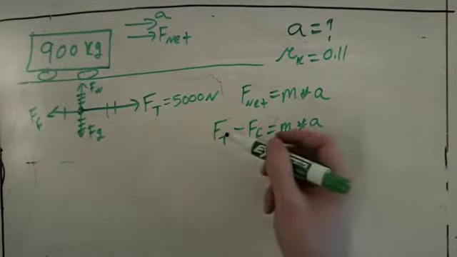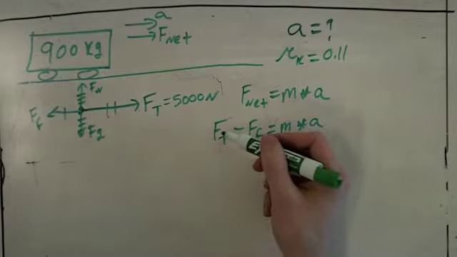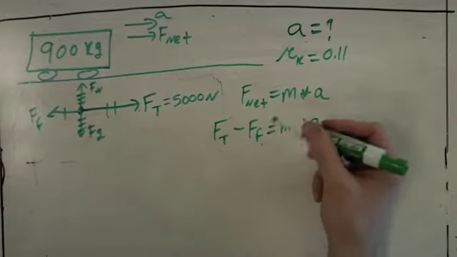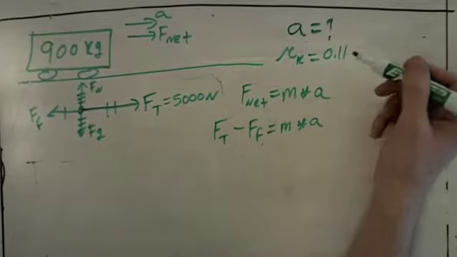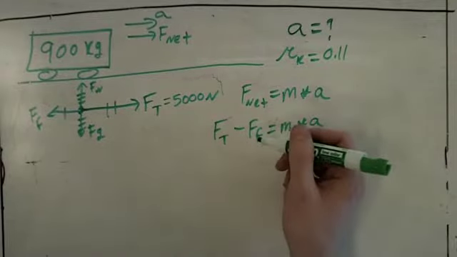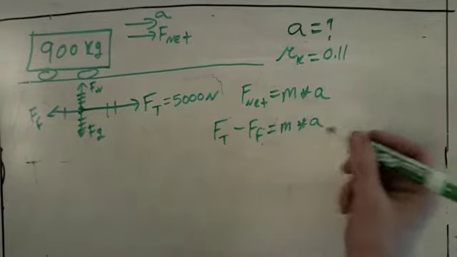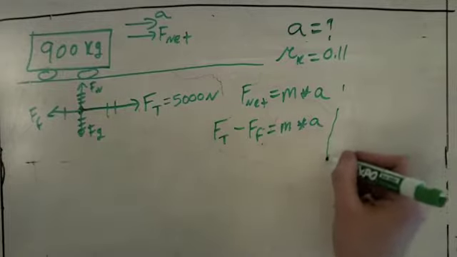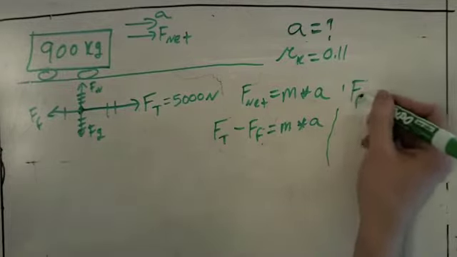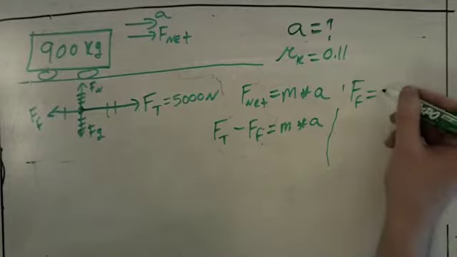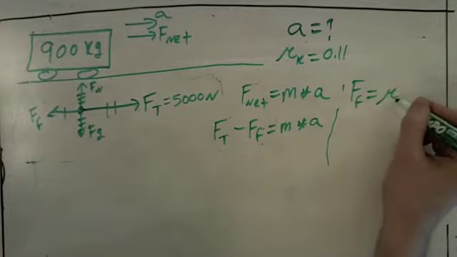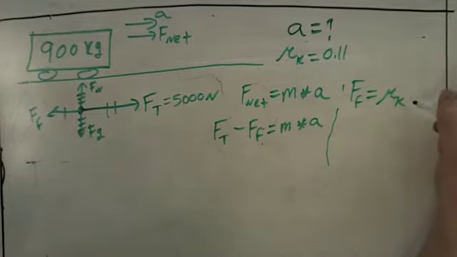Well, I know this. I'm not told this, but I am told the coefficient of friction. So I think I have an expression for this. If I come over to the side here, I know that the force of friction is equal to the coefficient of friction between the object and the surface, multiplied by the normal force of that object on the surface.